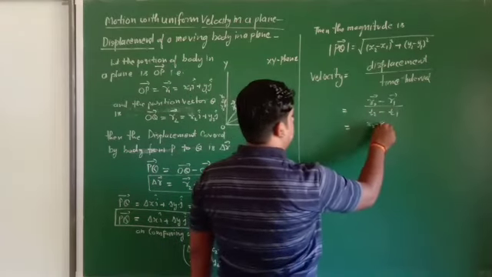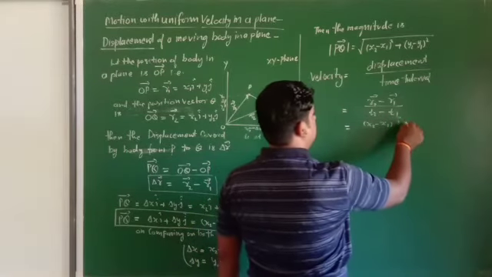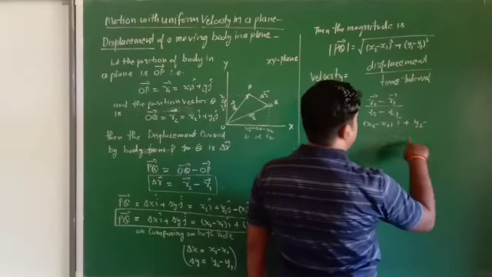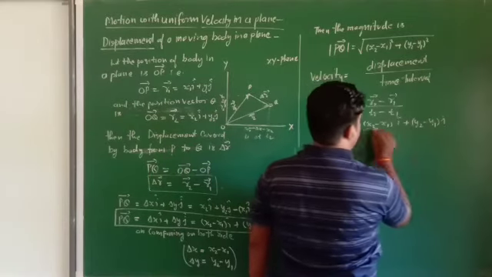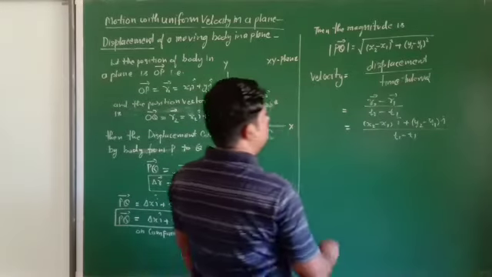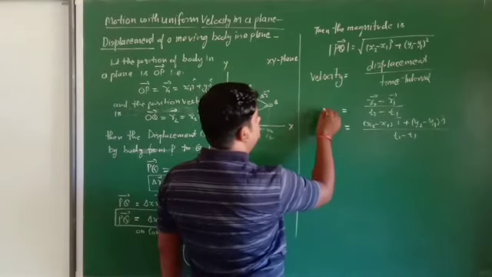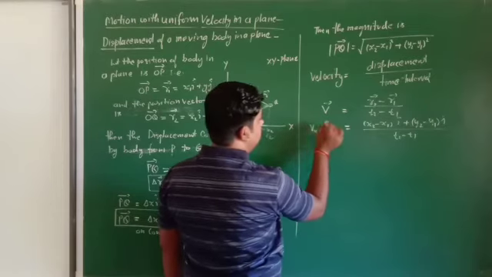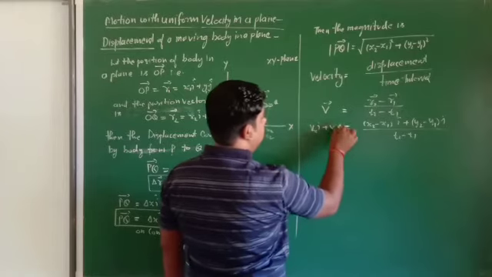If we consider the rectangular components of the displacement, we can write this as equal to (x2 minus x1) i plus (y2 minus y1) j upon t2 minus t1. And this velocity also we can resolve into two components. Since it is a vector, it will be vx i plus vy j.